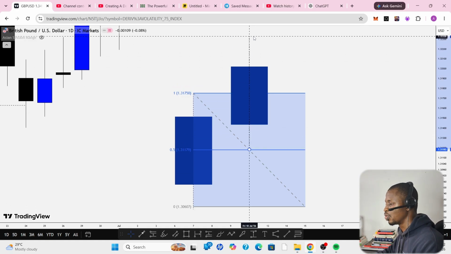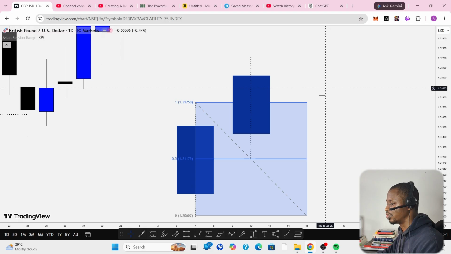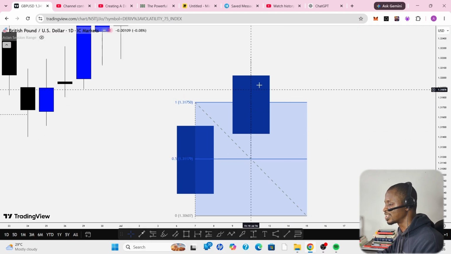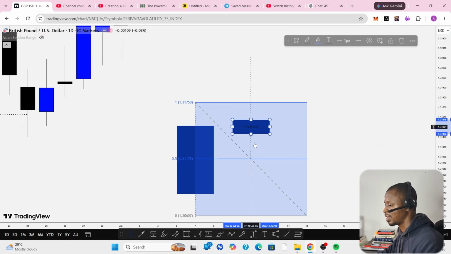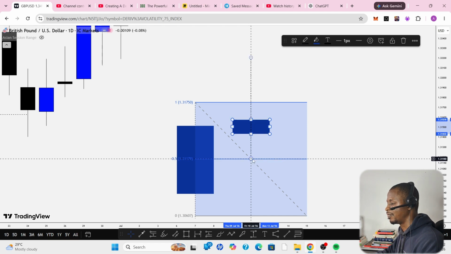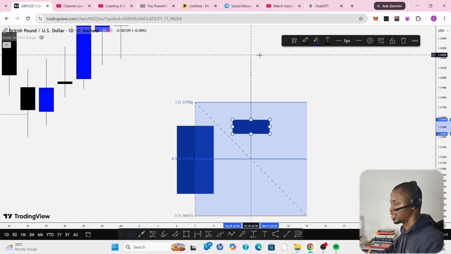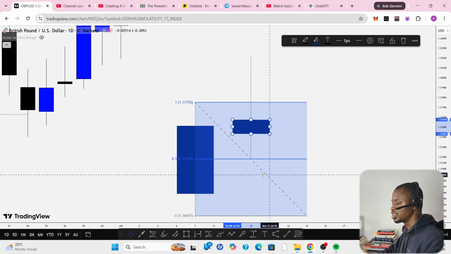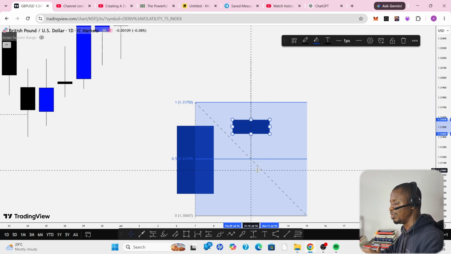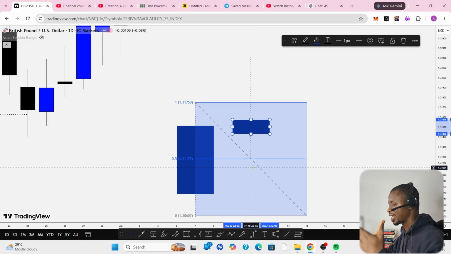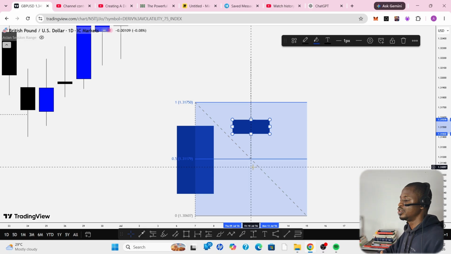You understand? So once this thing comes together for us, let's say it starts from this particular place and touches our 50% level, we are going to be buying from that level towards the upside. But if it closes below this level, there's a likelihood of the market selling aggressively towards the downside.